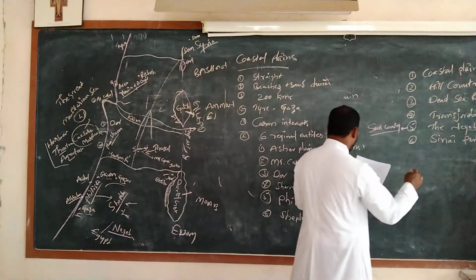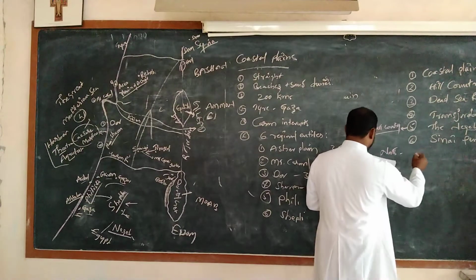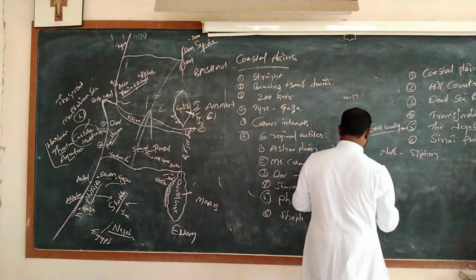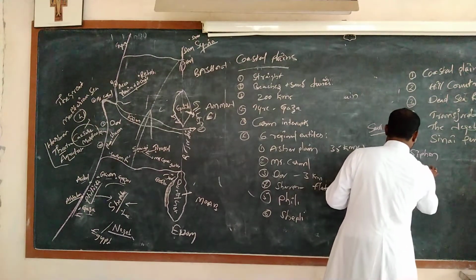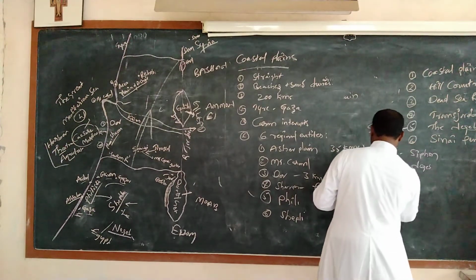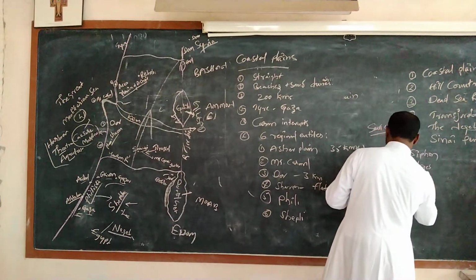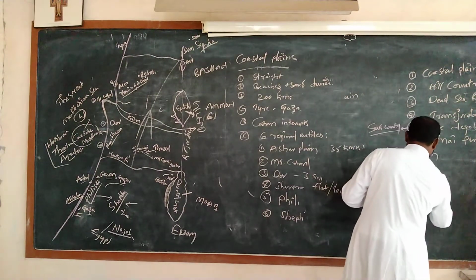The 4 directions are: north is called in Hebrew Siphon. South is called Negev. Then east is called Kedem.